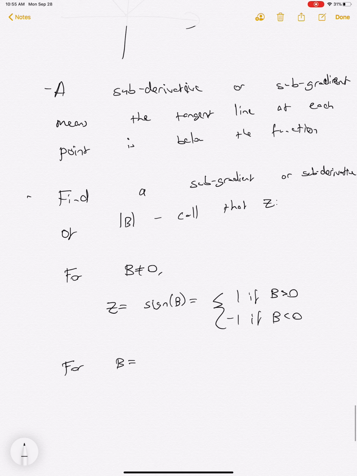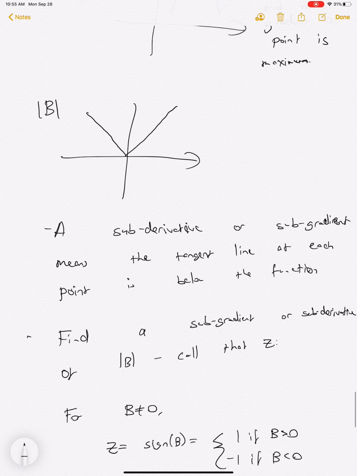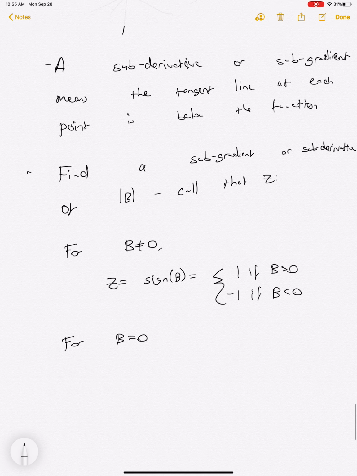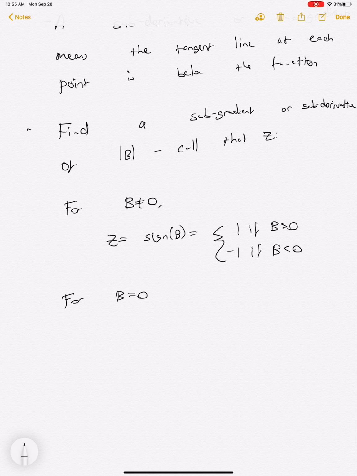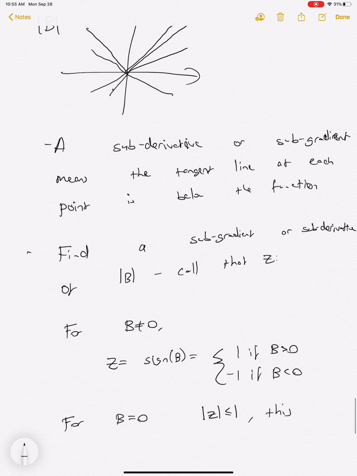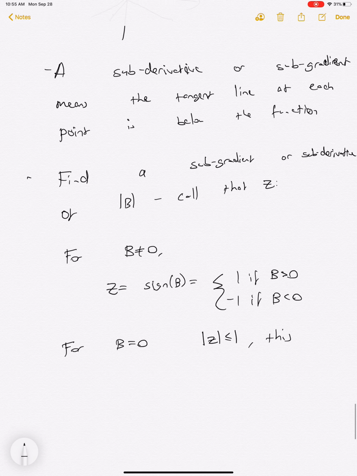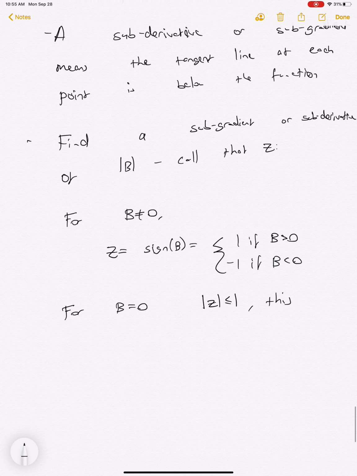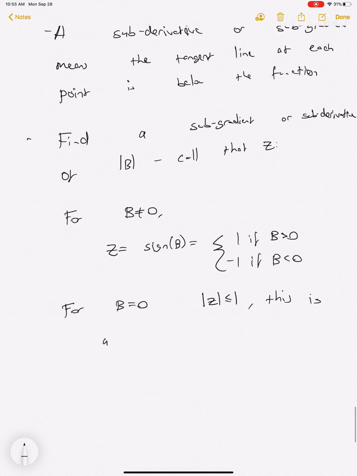For b equals 0, there are actually many choices you can make for the subderivative, because this line is below the function, and this is also below the function. You can go anywhere up to this line. So if we let z be less than or equal to 1, because the gradients of all of these lines that I draw are less than or equal to 1, this is a subgradient.